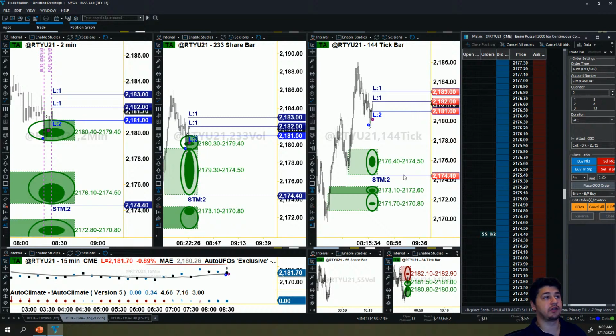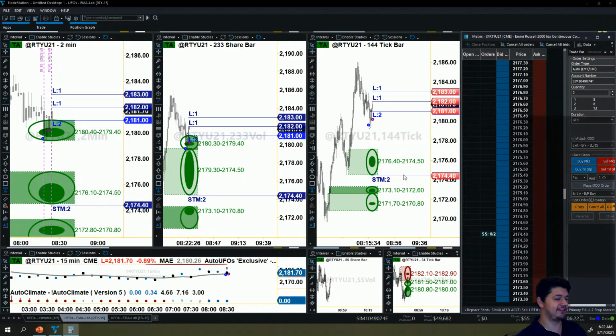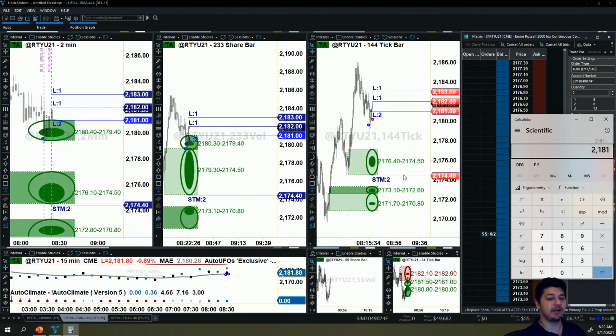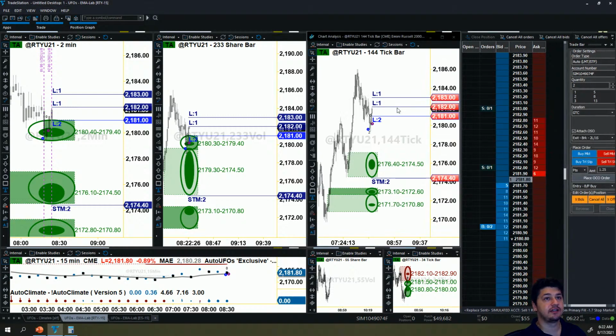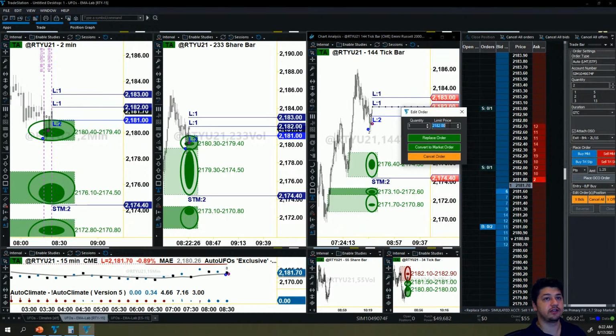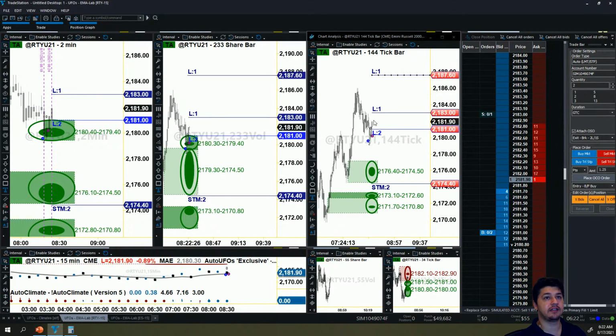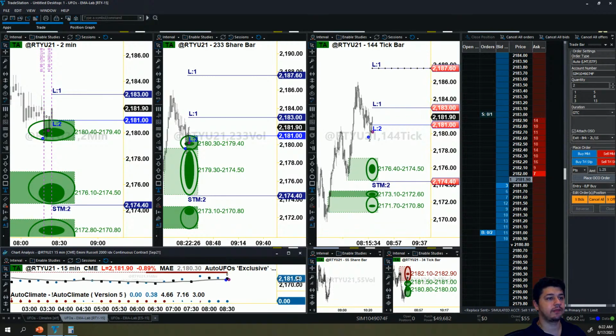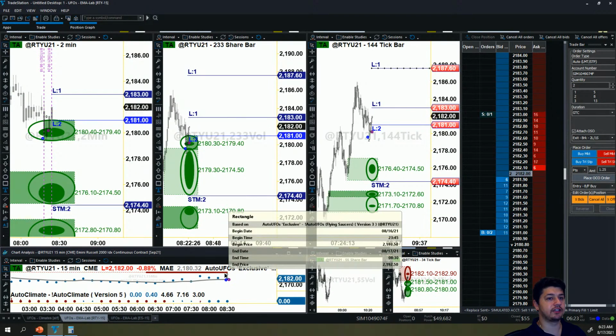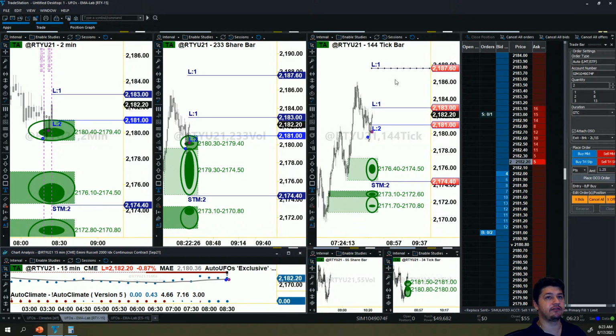All right, so we've got to do some math again. 2181 minus 2174.4, so 6.6 points. That's at 2187.6. It's still a good trade. 2187.6. Was it 87? Yeah. Place order. Okay, and then the final target is at 2192.5.